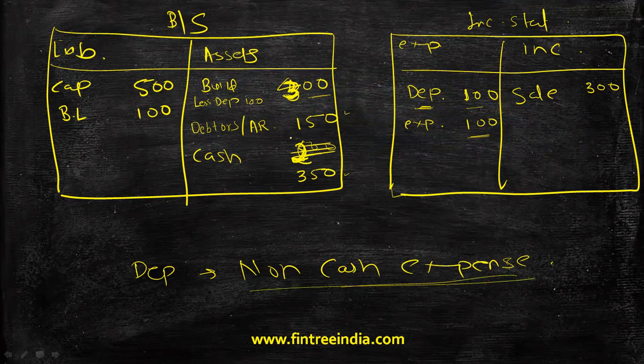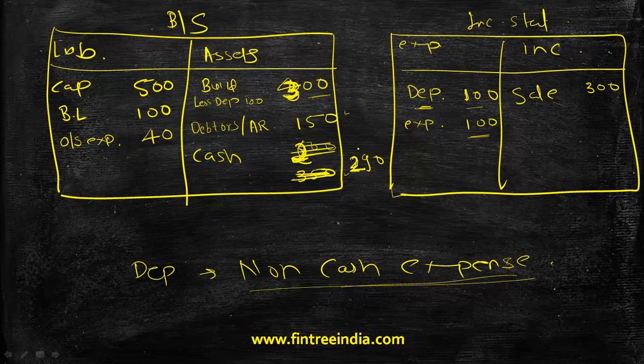So from our cash, we need to reduce 60. When we reduce cash by 60, total cash will become 290. The second effect is that since we are supposed to pay this expenditure, it is a liability, and this liability is generally called outstanding expenditure, and the amount of this liability is 40.